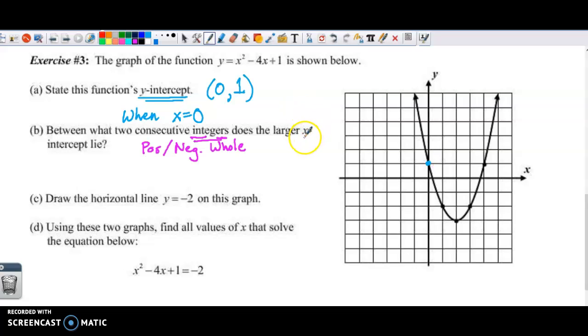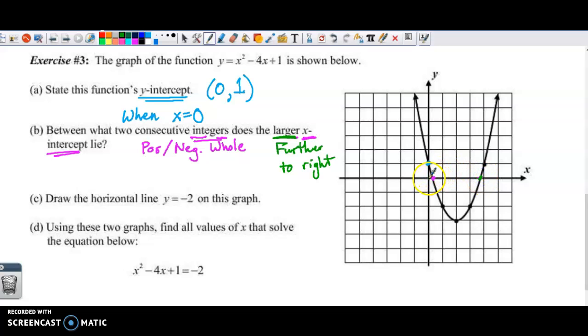So what we are talking about is the x-intercepts. That's where it crosses the x-axis. And the one we care about is the larger. So the larger, maybe I should emphasize with a different color. Larger means further to the right. So the one I care about is this one.